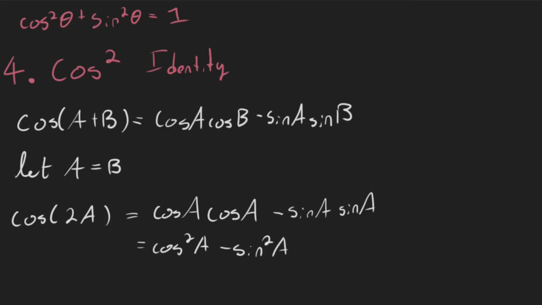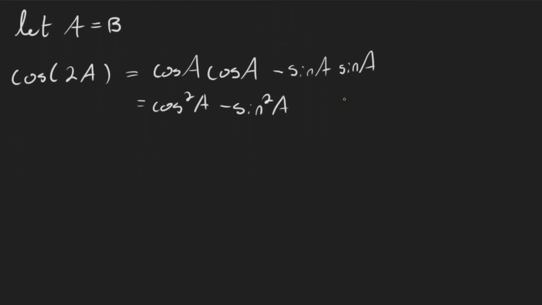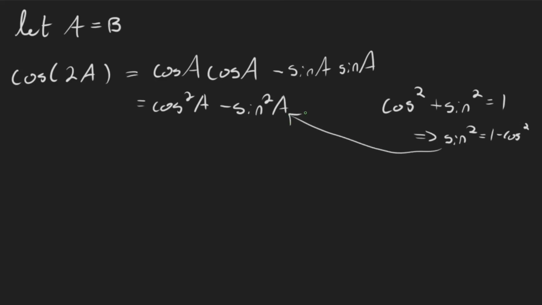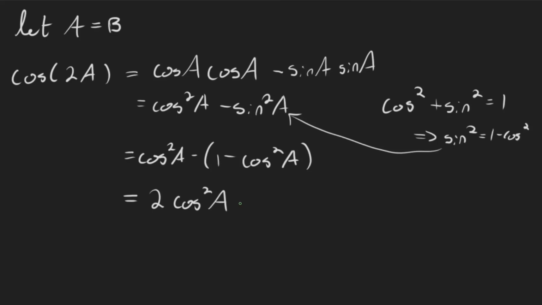And now what we're going to go ahead and do is substitute in the Pythagorean identity. So remember, cosine squared plus sine squared has to equal 1, and therefore sine squared is 1 minus cosine squared, which we're going to substitute in right here. So we get cosine squared A minus the quantity 1 minus cosine squared A, and if you distribute across that negative sign, this is equal to 2 cosine squared A minus 1.